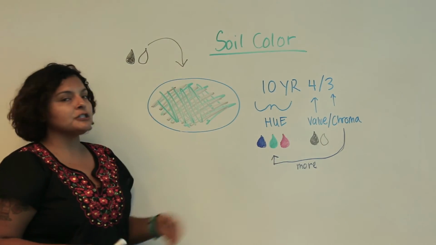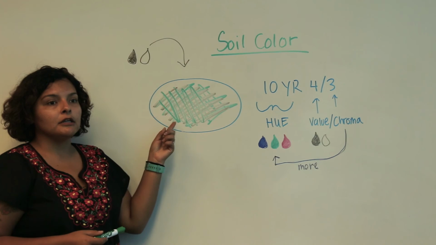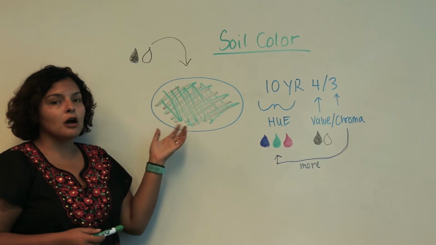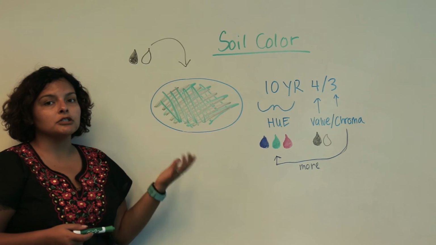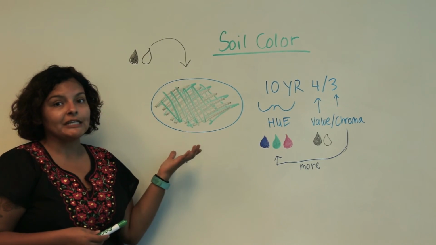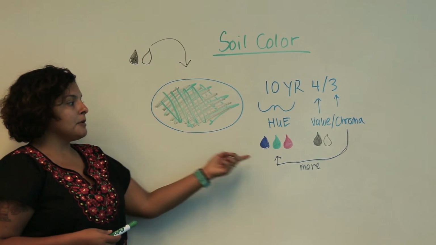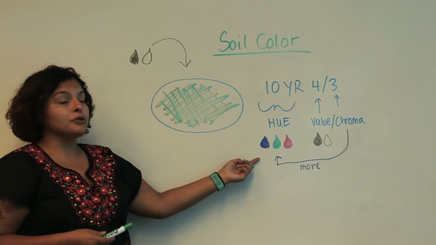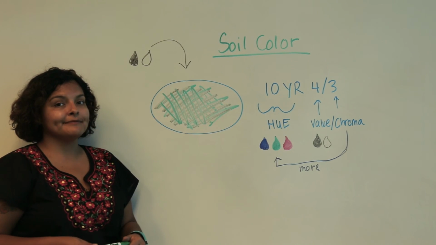So your chroma is just how intense that color is. Say initially you dropped in 2 drops of green. The chroma change would be adding additional drops to make the color more intense. So lightness and darkness is your value, the dominant color you initially started with is your hue, and the intensity of the color is the chroma.